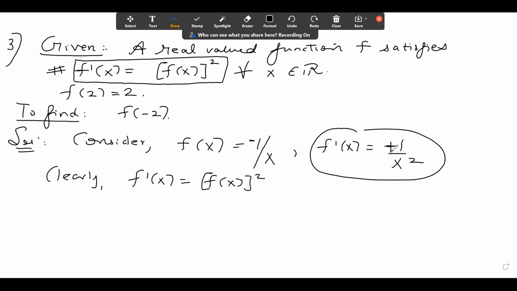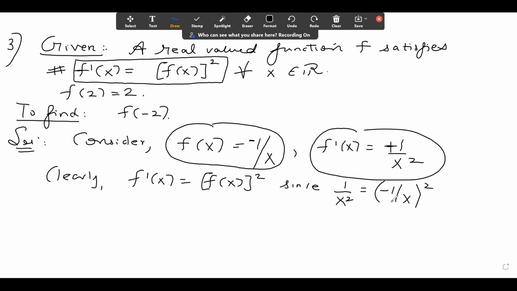Now it's going to be 1 upon x square, and you can clearly see that f dash x is equal to f of x whole square, since 1 upon x square is minus 1 by x whole square. So I can write, therefore, my f of x, which I can call as y, is equal to minus 1 by x.